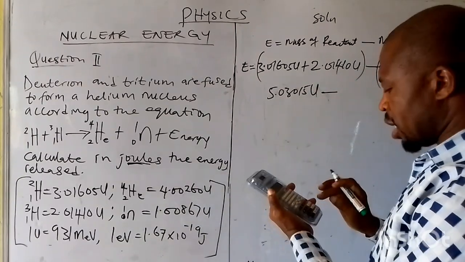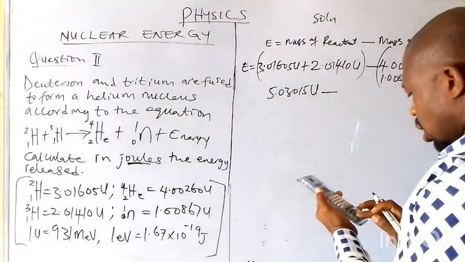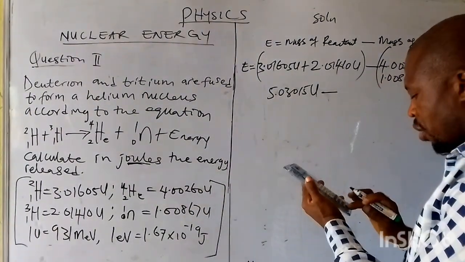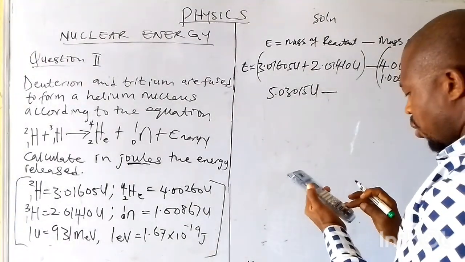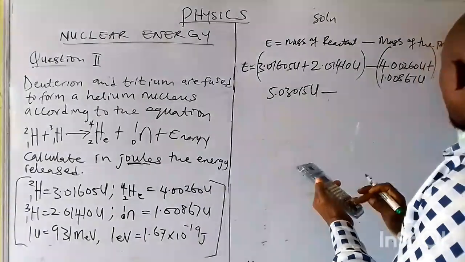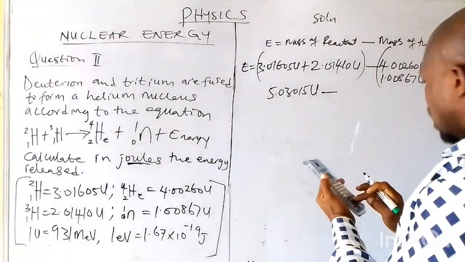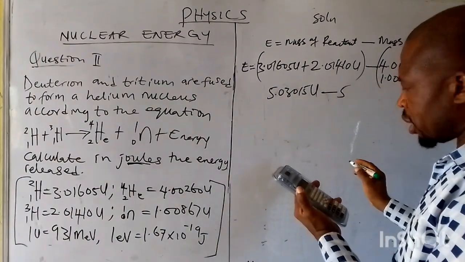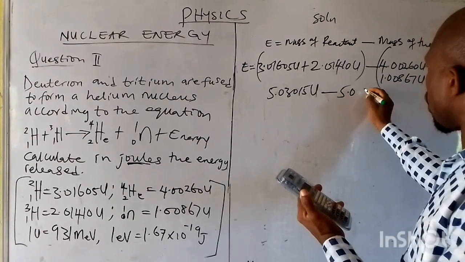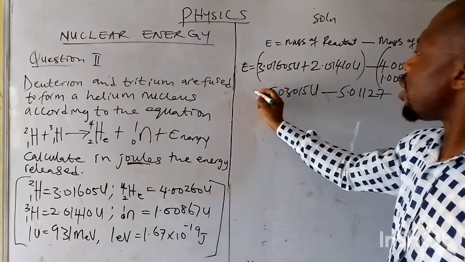If you add these two, it will give us 4.00260 u plus 1.00867. If you add the two, these two will give us 5.01127. Remember, this is E.